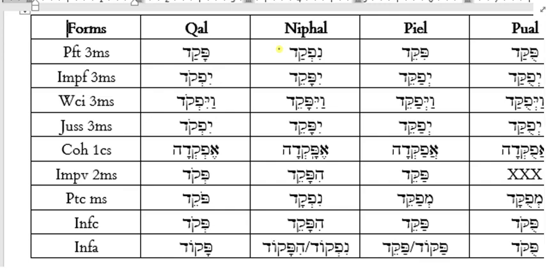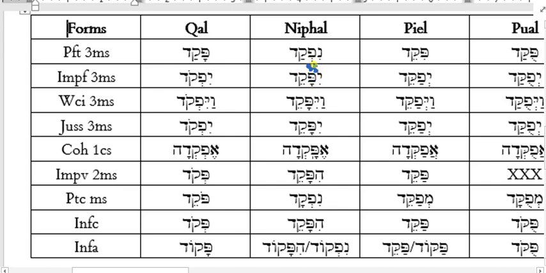Now, let's start by looking at the Niphal Perfect. I want you to see here that the perfect 3MS, the representative form in our principal parts, is niphkad. What do you see with niphkad here? Well, my three root letters is going to take a nun prefix with a chireq under it, and the shewa here is going to be a silent shewa.